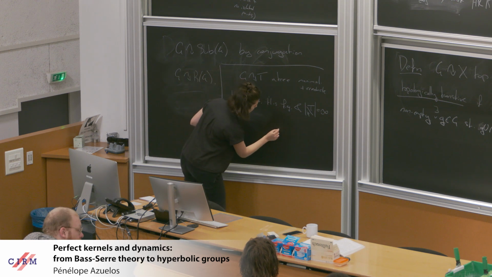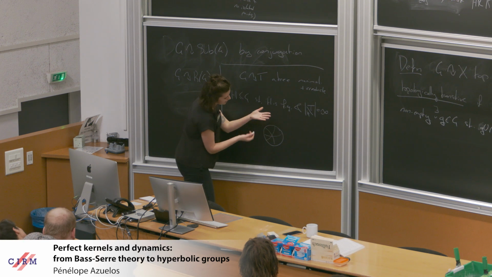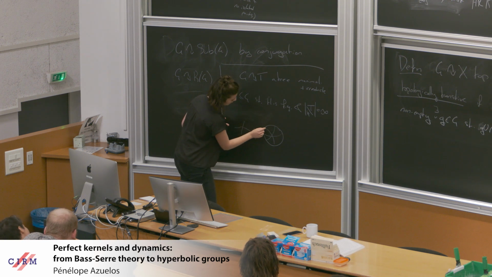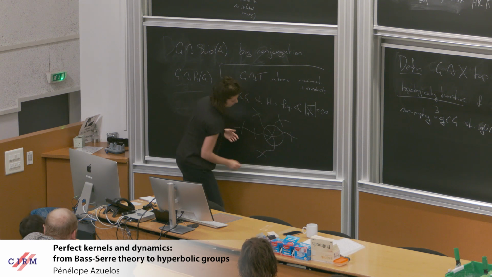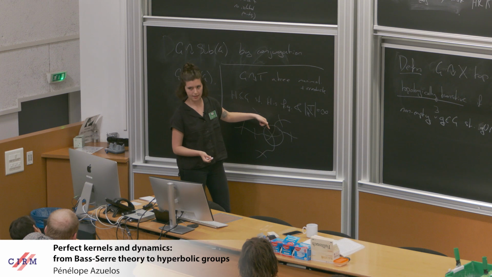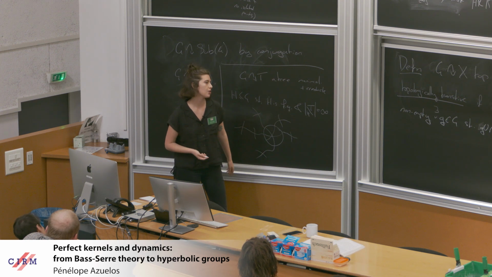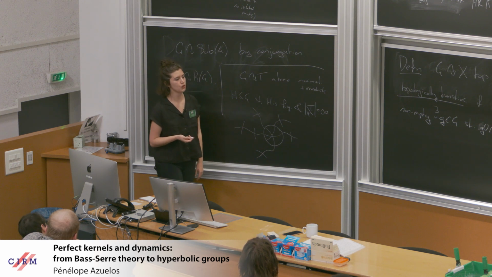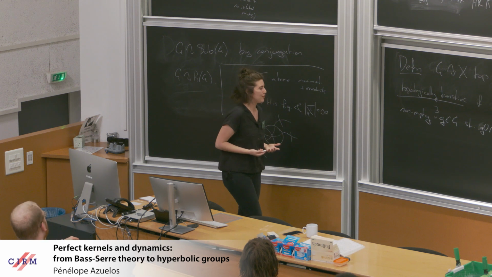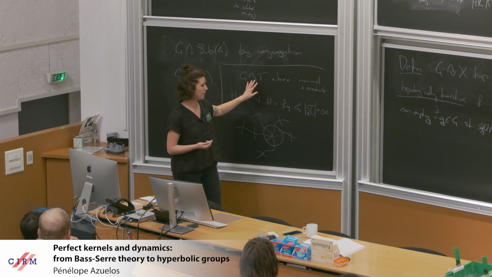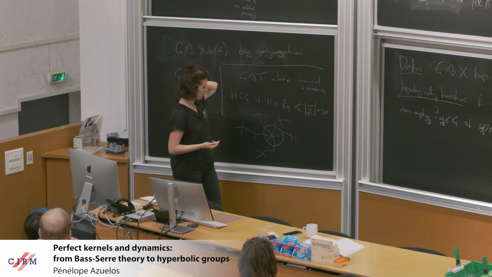So it looks like a core with some cycles in it, and it's infinite, so it has some branches coming off. The fact that this core exists actually means that H fixes a proper subtree of T. And so it turns out that you can use this to build bigger subgroups that split as amalgamated free products, as long as you have some assumptions on the action on the tree, which I'll point out in a second.